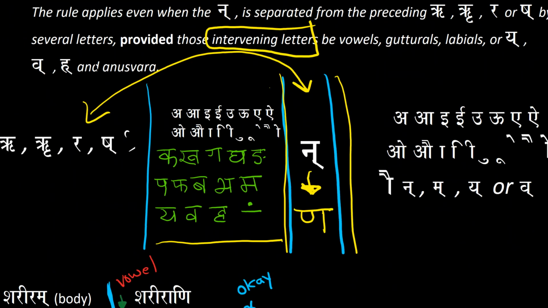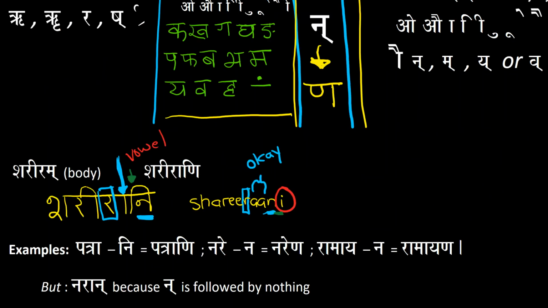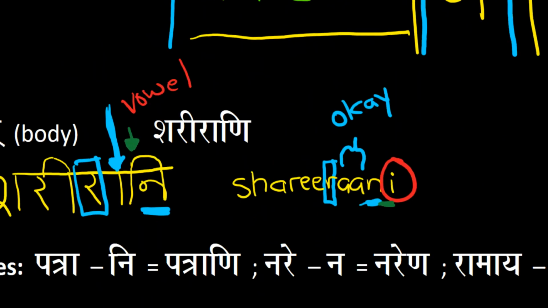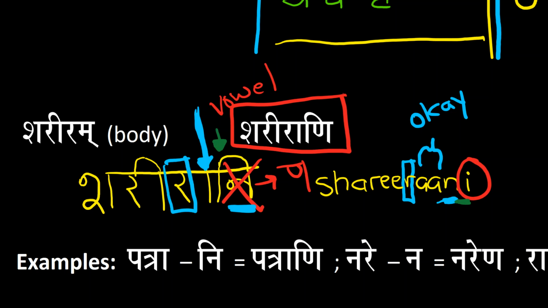And it's okay if an intervening letter is just a vowel, guttural, labial, ya, va, ha, or an anuswar in between the ri, ra, sha, and the na. That's when we say that we no longer need this dental na and we're going to change it into the cerebral na. And that's why we end up with sharirani.